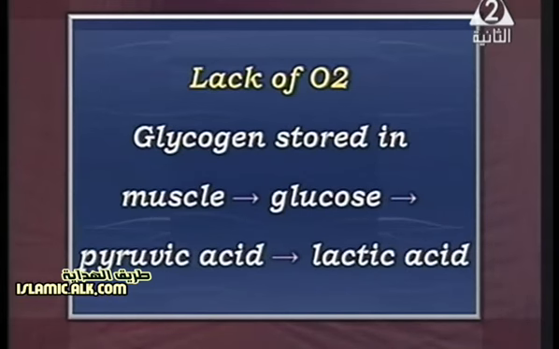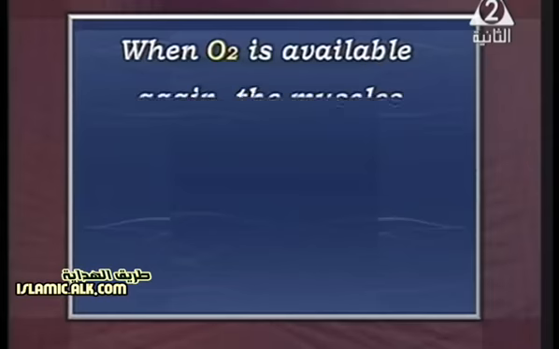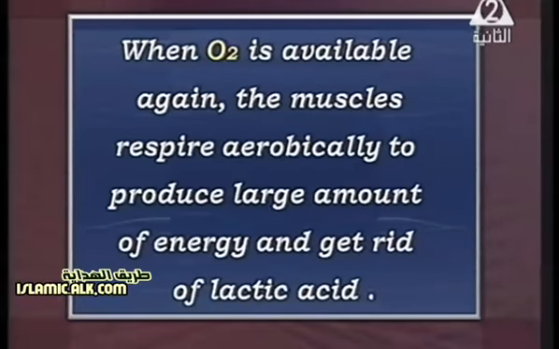So, just a summary for you. With the lack of oxygen, glycogen, which is stored in the muscle, is broken down into glucose. That gives us pyruvic acid, and pyruvic acid at the end of anaerobic respiration gives us lactic acid. When oxygen is available, at any time, the muscle respires aerobically.